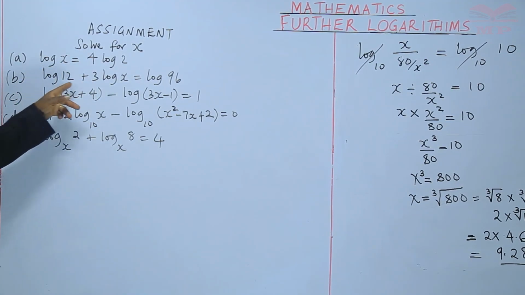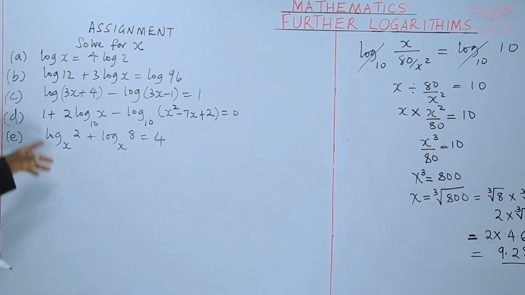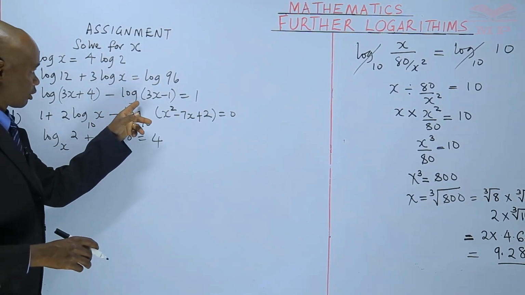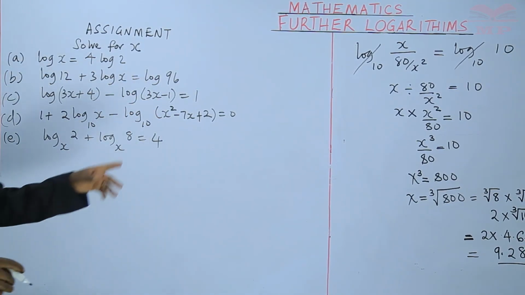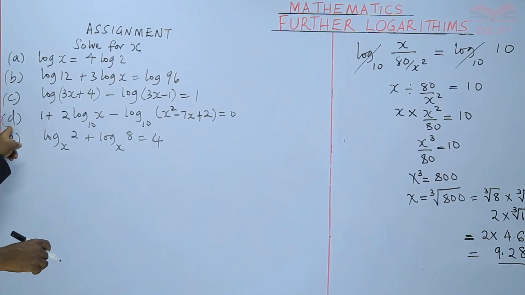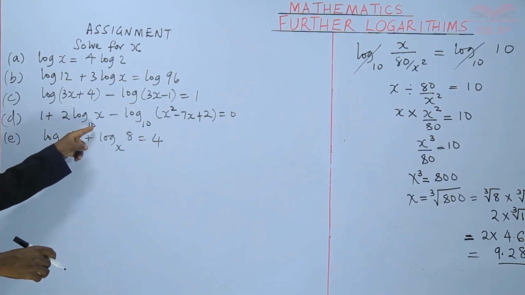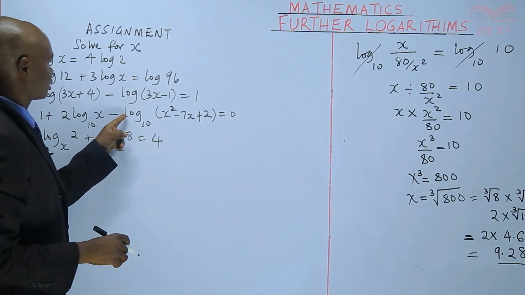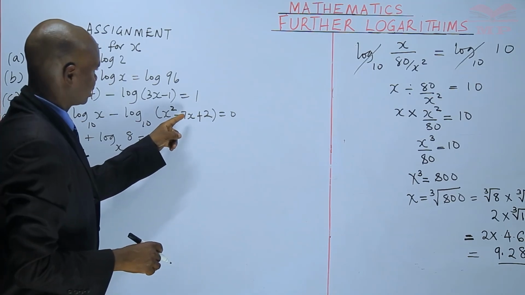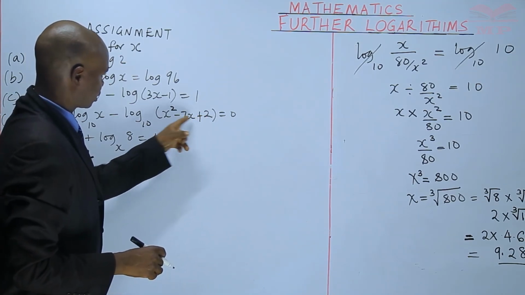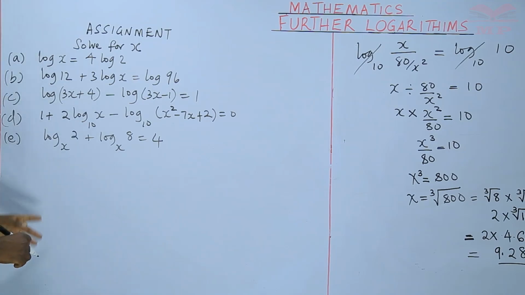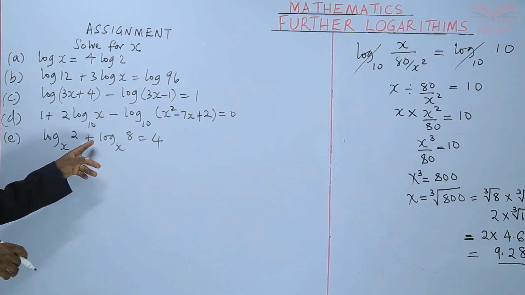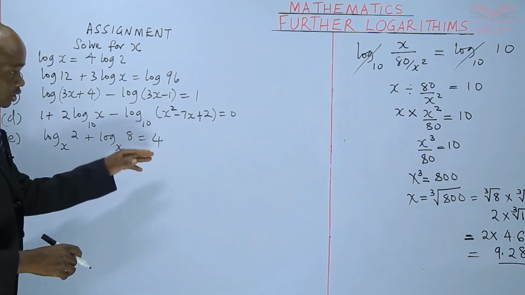B, log 12 plus 3 log x is log 96. C, log of (3x plus 4) subtract log of (3x minus 1) is equal to 1. D, 1 plus 2 log base 10 of x, log of x base 10 subtract log of (x squared minus 7x plus 2) to the base 10 is 0. Find x. E, log of 2 to the base x plus log of 8 to the base x is 4.